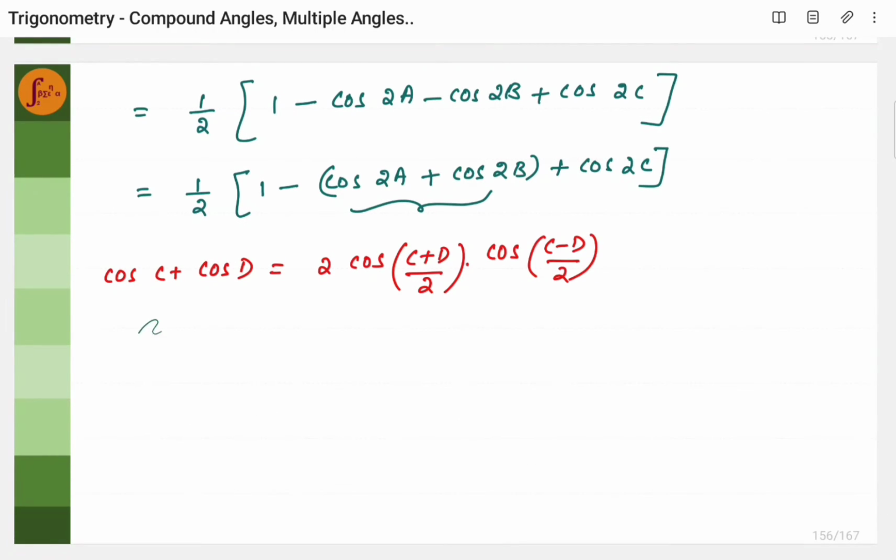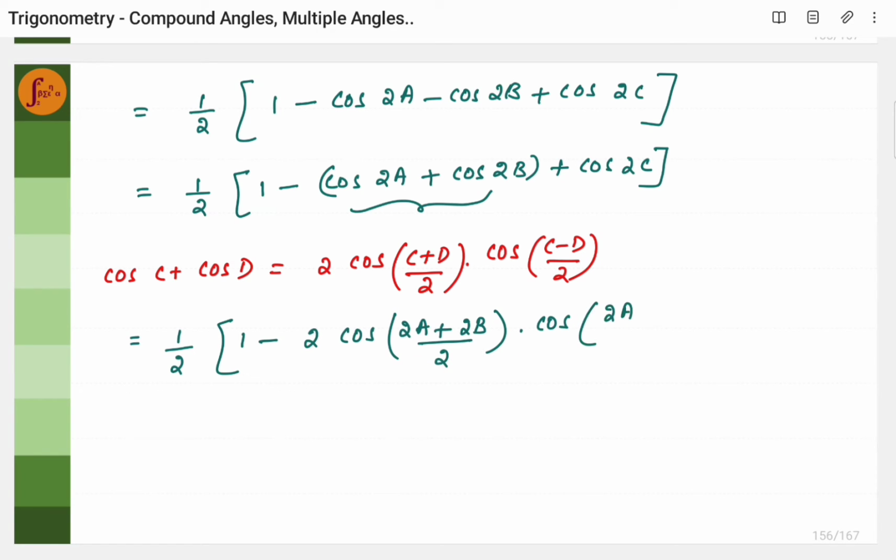Now let me substitute. So I'll get half, 1 minus 2 into cos, instead of C I have 2A, instead of D I have 2B, so (2A + 2B)/2 into cos (2A − 2B)/2. Let me put this in brackets.